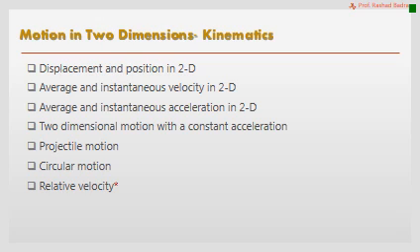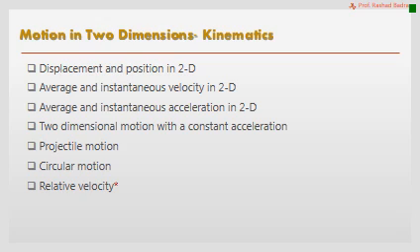By knowing the definition of position in one dimension and that of displacement as well, and generalizing this definition into two dimensions as a vector, we can fully understand and define the displacement and position in two dimensions. From this knowledge, we can use it to define the average and instantaneous velocity as well.